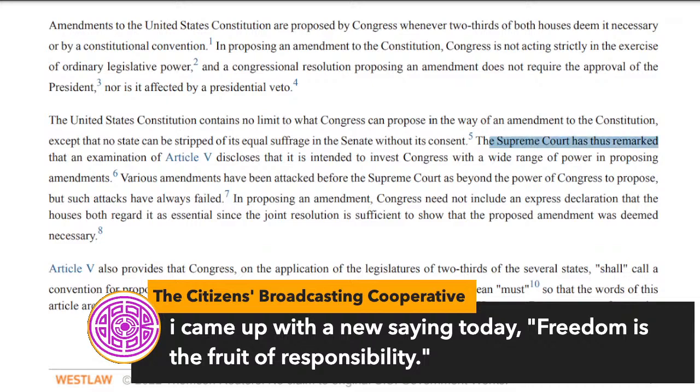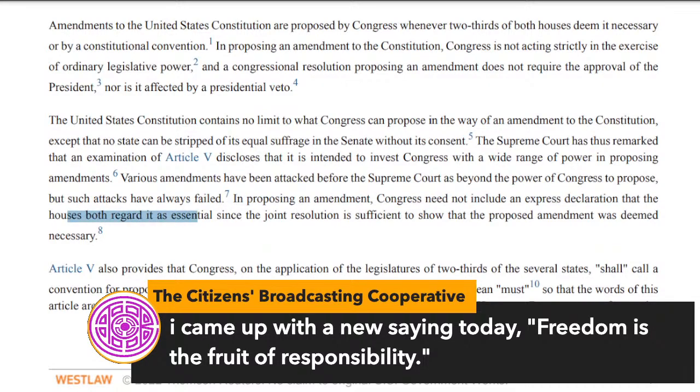The Supreme Court has thus remarked that an examination of Article 5 discloses that it is intended to invest Congress with a wide range of power in proposing amendments. Various amendments have been attacked before the Supreme Court as beyond the power of Congress to propose, but such attacks have always failed. Wow.